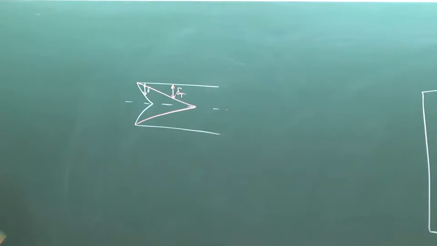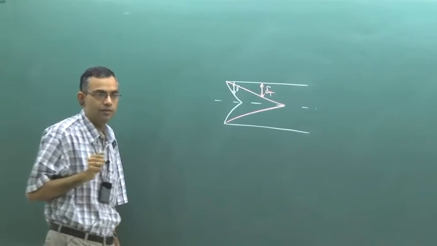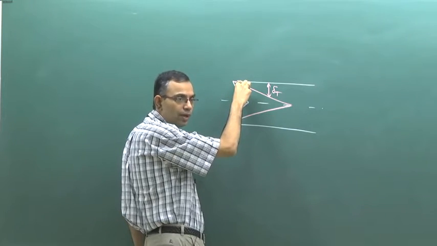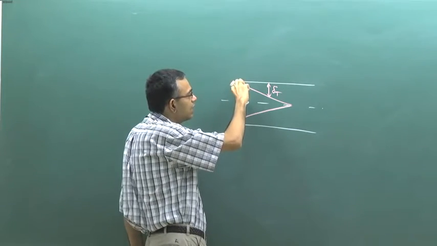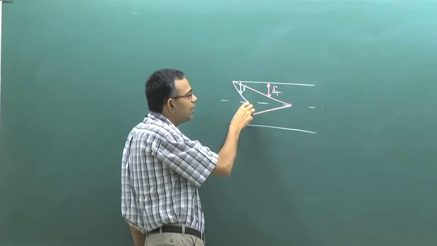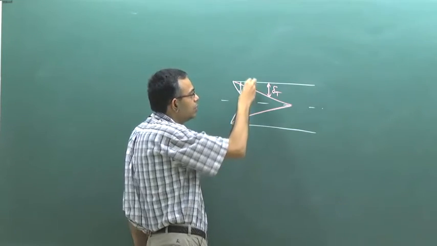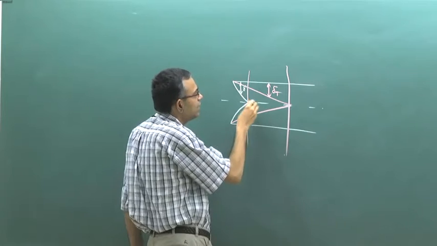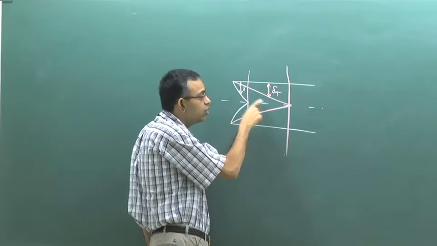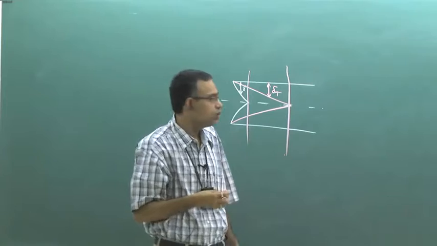If you have a fluid of high Prandtl number, then delta will be significantly more as compared to delta T. So the hydrodynamic boundary layer will grow very fast, the boundary layers will merge here, and the flow will become hydrodynamically fully developed. So from here to here there is a region where the flow is hydrodynamically fully developed but not thermally fully developed. That kind of problem is known as the Graetz problem.